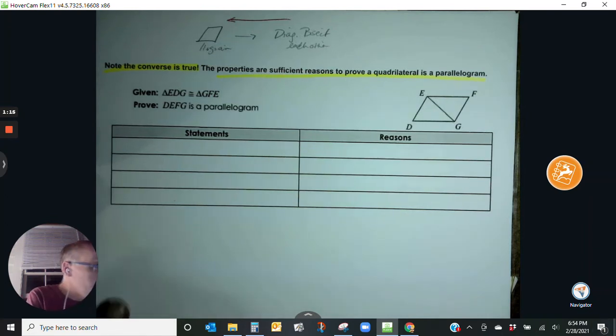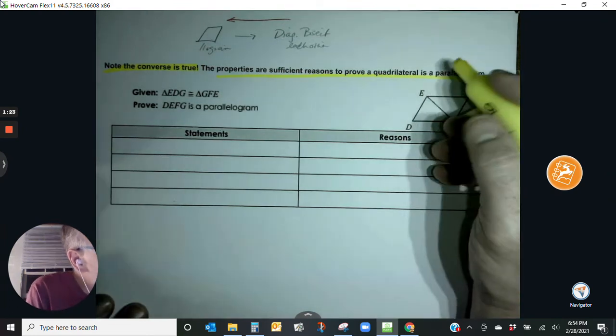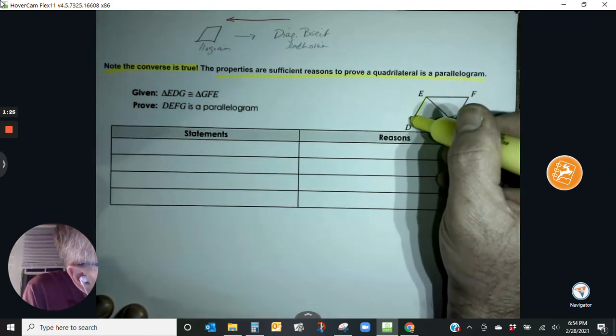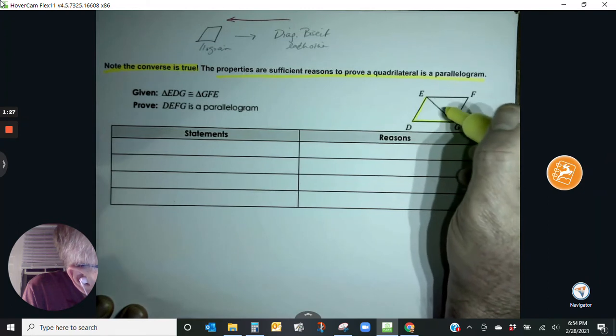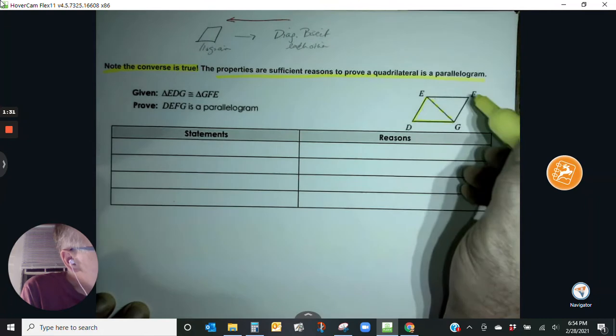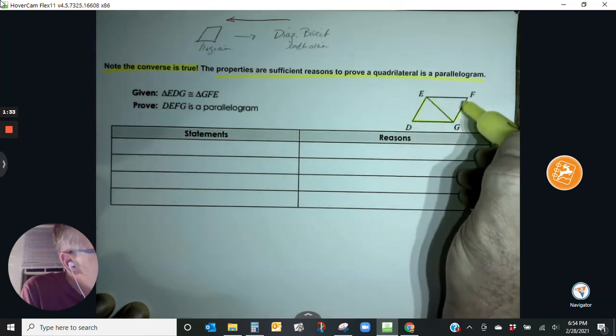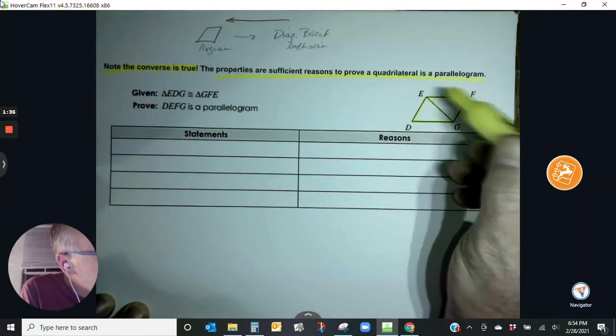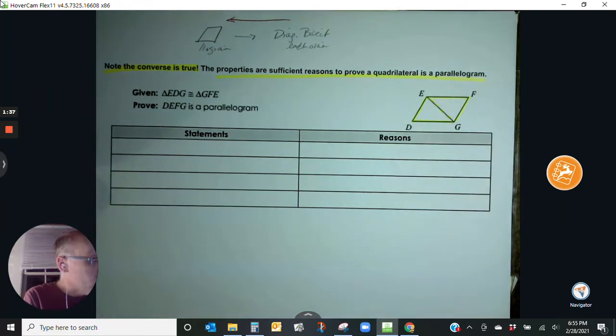So let's see here. Let's figure out what we have. We have triangle EDG, and it's important to pay attention to that. So EDG is congruent to GFE. Okay? So when we start to match things up, that means what?